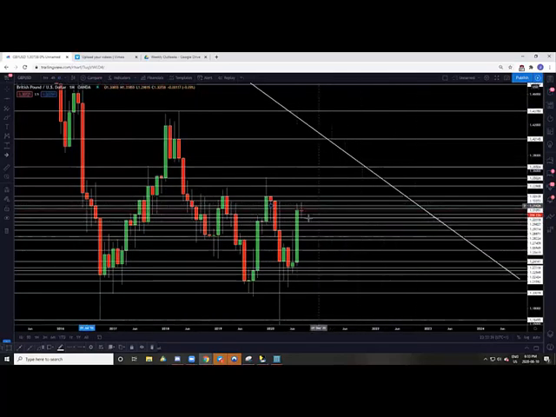So this will give us some ranges to work with, at least to the upside if we get any pullbacks.